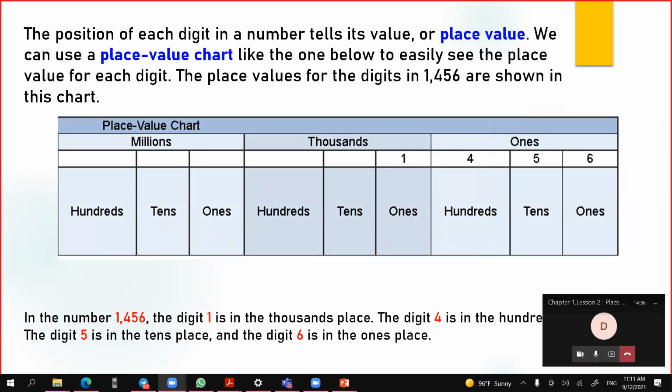When I see the number 2 in 243, and I see it is in the hundreds, because I know its place, I can know its value. Each digit has a place, and each place has a different value. Got it?